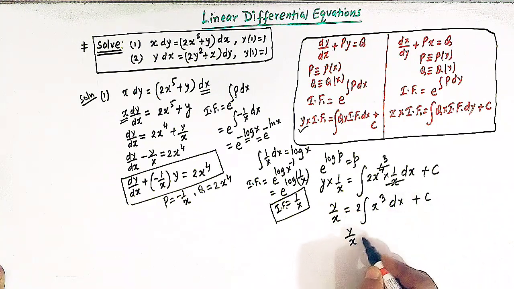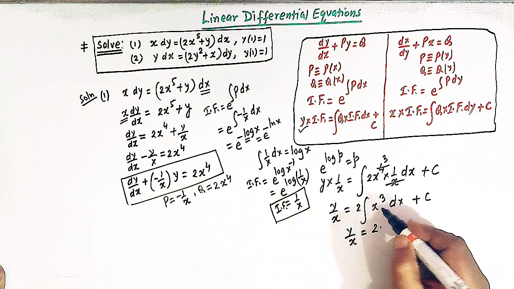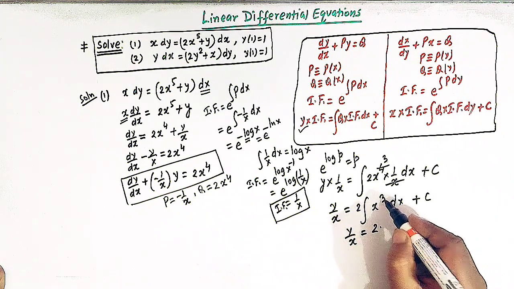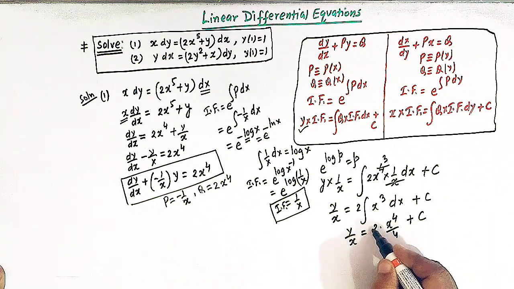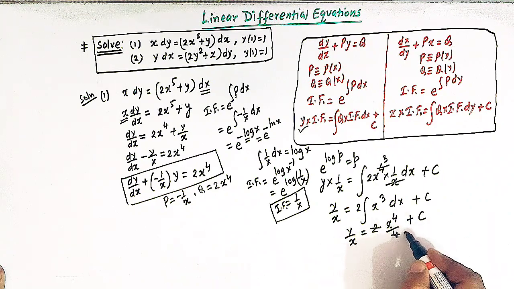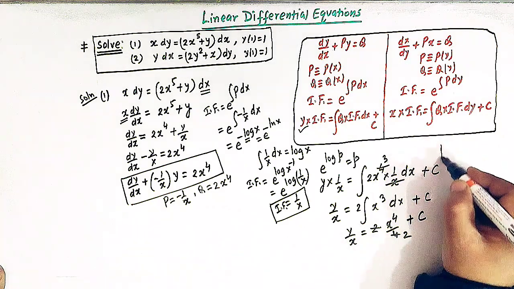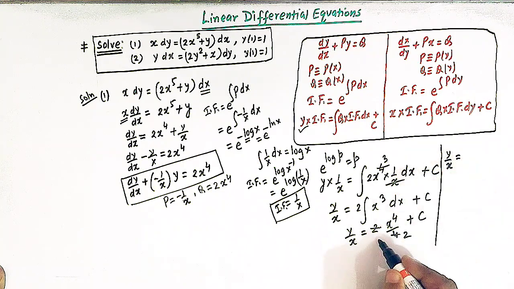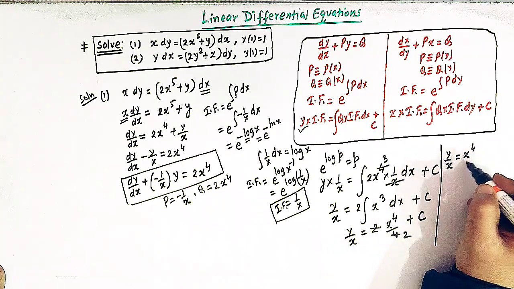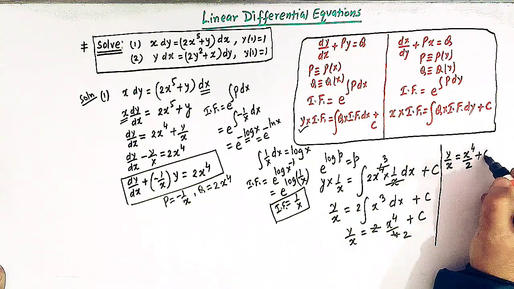So we have y over x equals 2 times the integral of x cube, which is x raised to 4 over 4, plus c. So 2 times 1 over 4 gives 1 over 2. Now we have y over x is equal to x raised to 4 over 2 plus c.